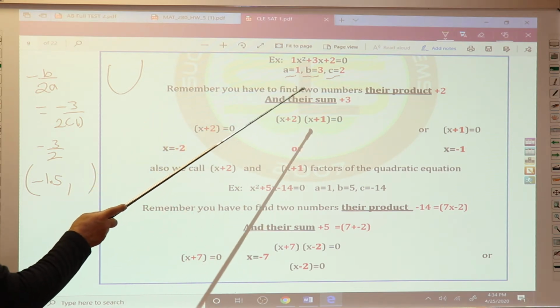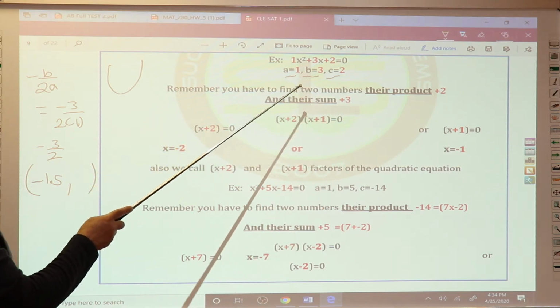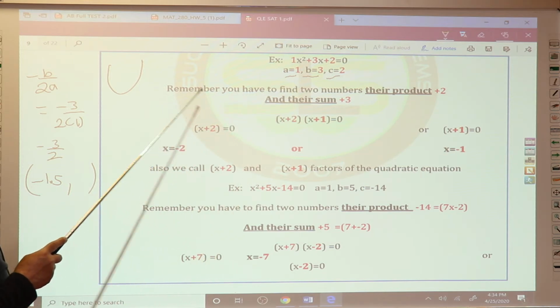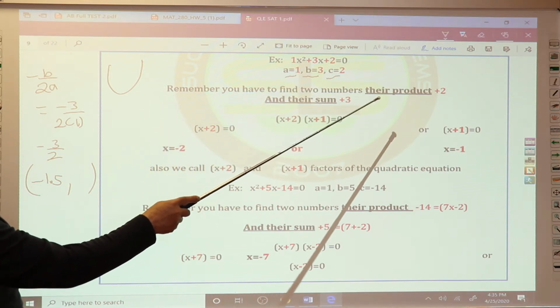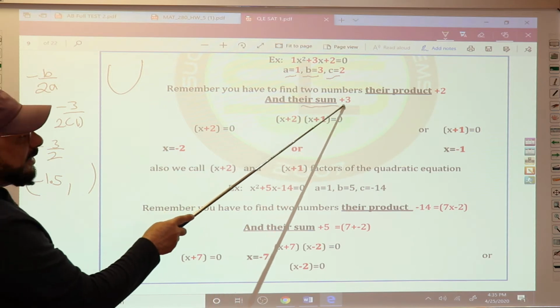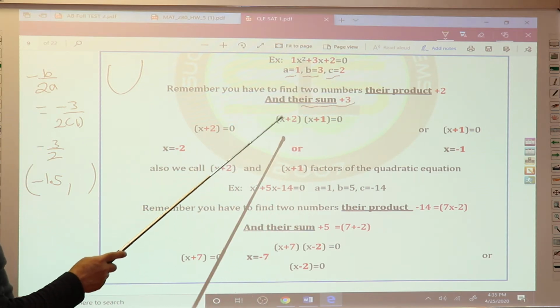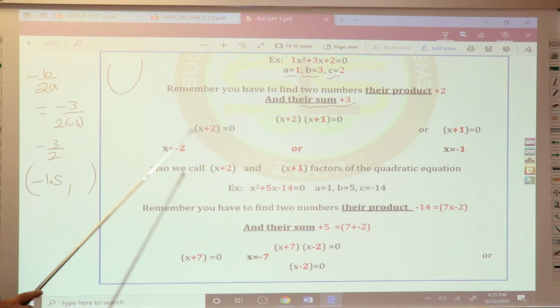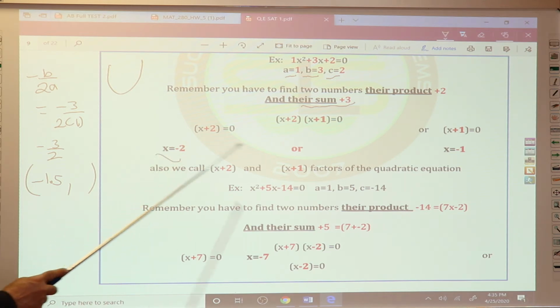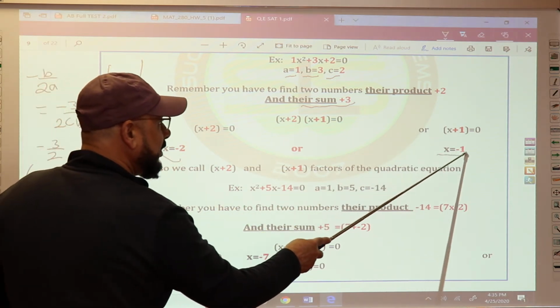Now, look here, remember to find the two numbers, their product is 2 and their sum is 3, right? Which is 1 and 2, right? Then with the 2, x plus 2, x plus 1.